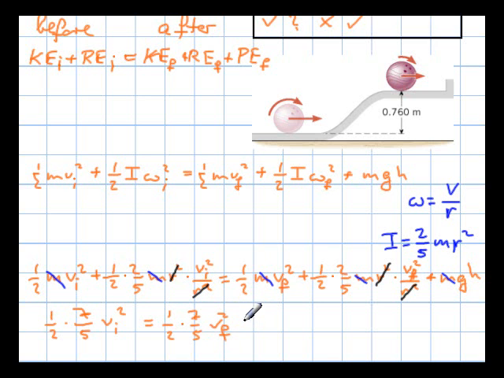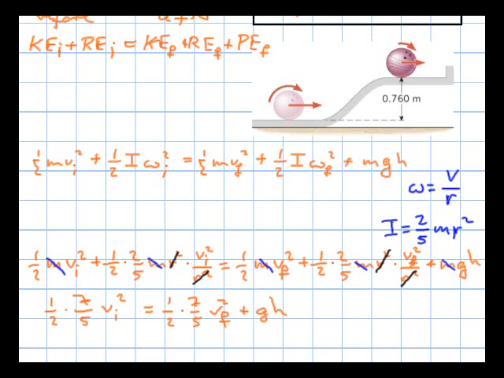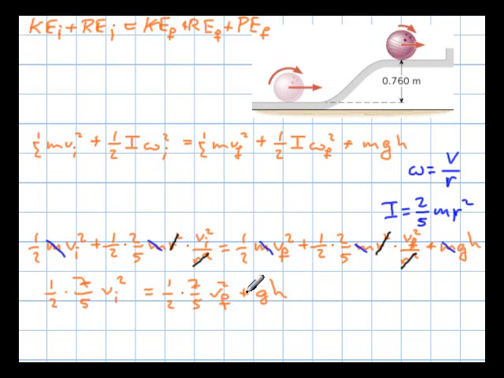and then plus gh. Of course, the 1/2 is not dividing out because it doesn't appear with the potential energy.